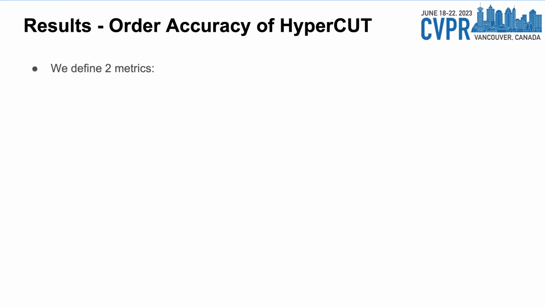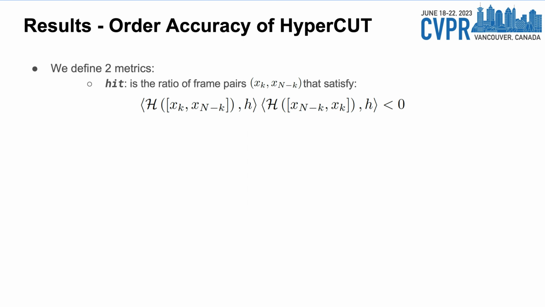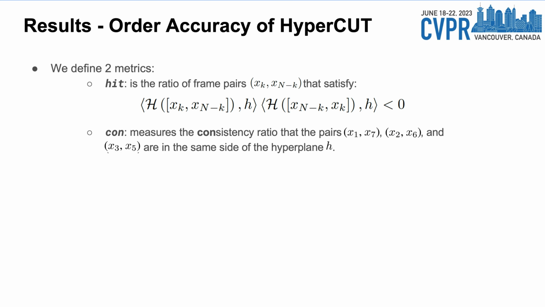over benchmarks. First, we will introduce two new metrics that we use to evaluate our HyperCUT accuracy, including hit ratio, which assesses the capability of our model to enforce the symmetric frames onto different sides, and consistency ratio, which emphasizes whether the consecutive frames reside on the same side or not.